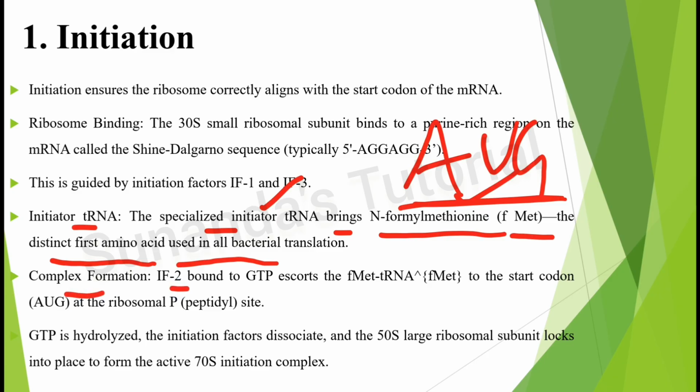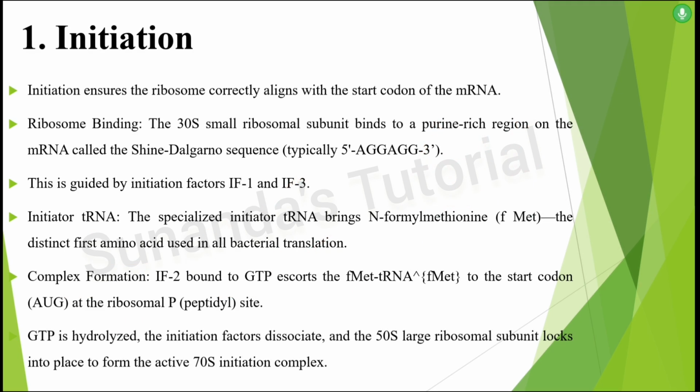Then IF2 or initiation factor 2 bound to GTP or guanosine triphosphate escorts fMet tRNA to the start codon at the ribosomal P site or peptidyl site. Then that tRNA along with methionine comes to the P site of the ribosome. Then GTP is hydrolyzed, the initiation factors dissociate and the 50S ribosomal subunit locks into place to form the 70S initiation complex.